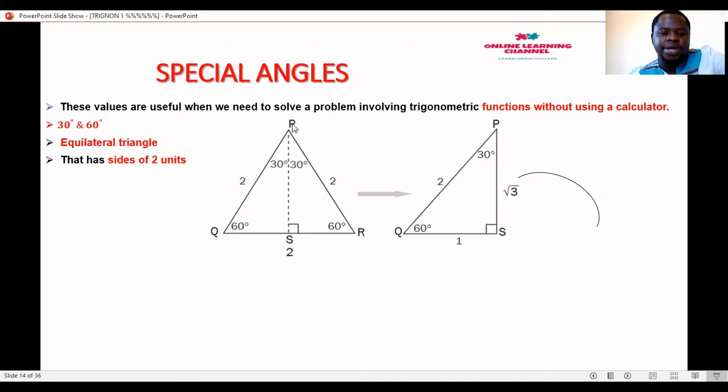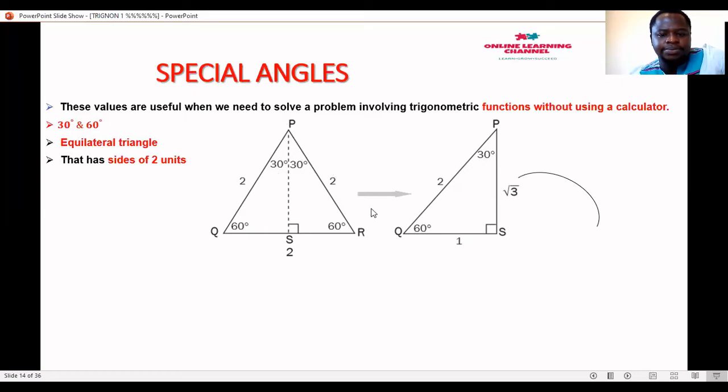So now when we have the triangle here, if all sides are equal, it means we've got 60, 60, 60, which is 180 degrees. So now if you divide here, you've got 30, 30.